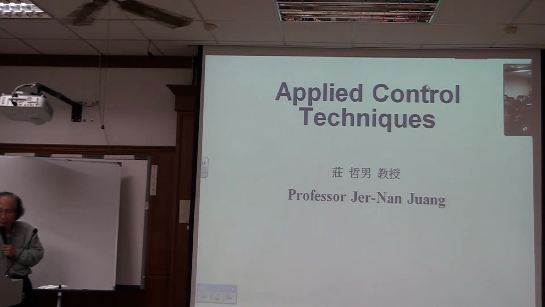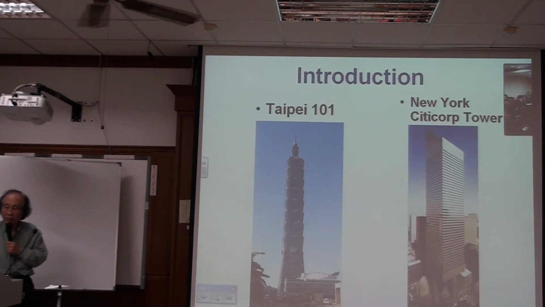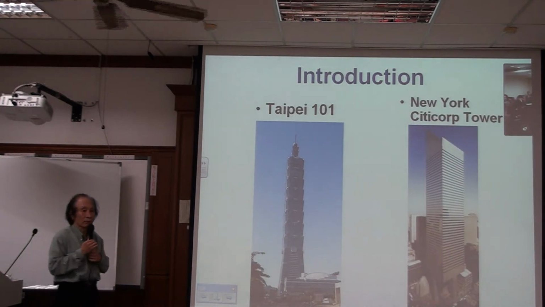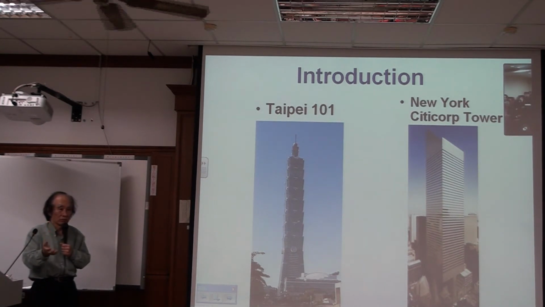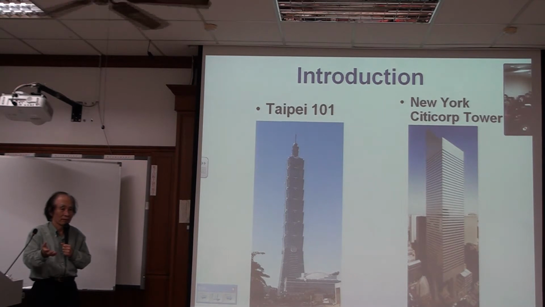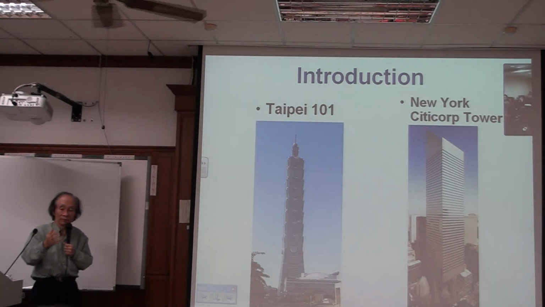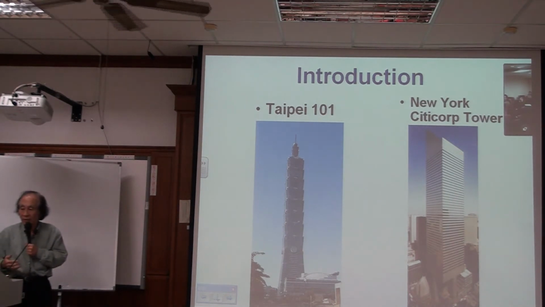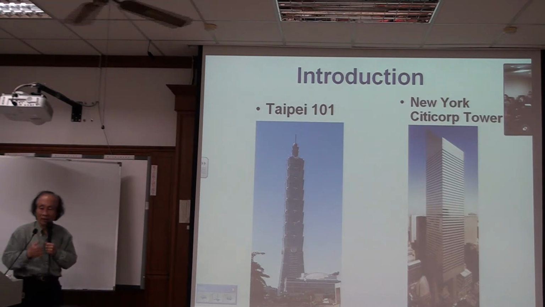Okay, now. This is Taipei 101. Did you go to Taipei 101? Anybody? Yeah. Raise your hand. Almost everybody. Good. How about the New York City Citigroup Tower? Nobody, right? Okay.